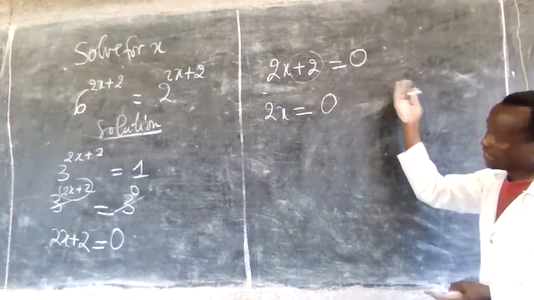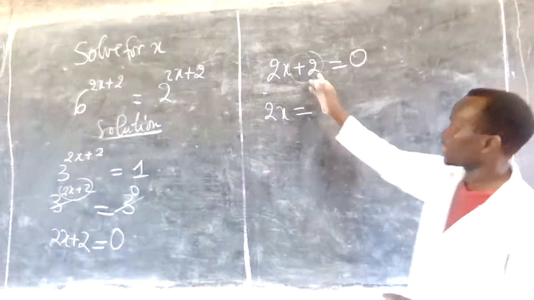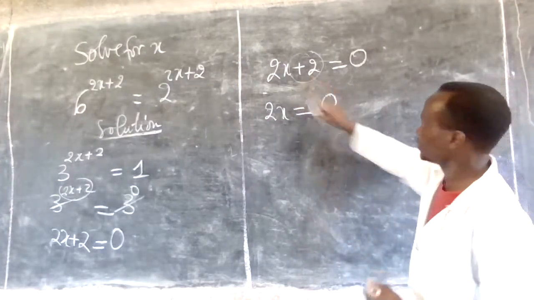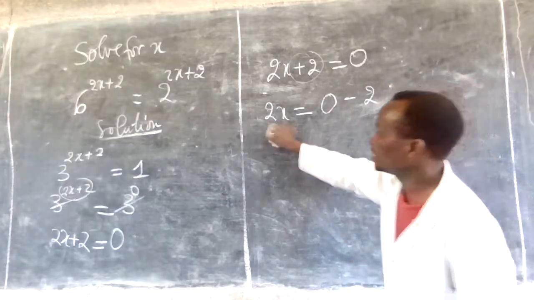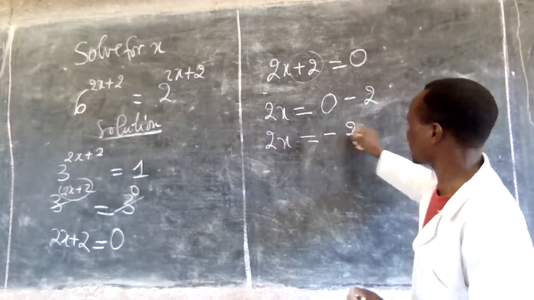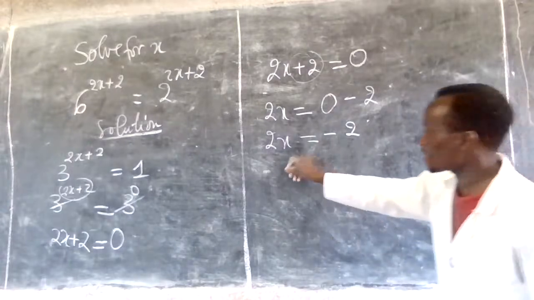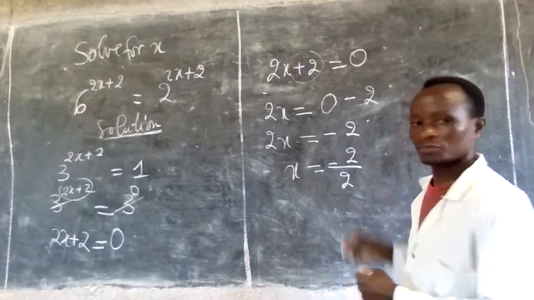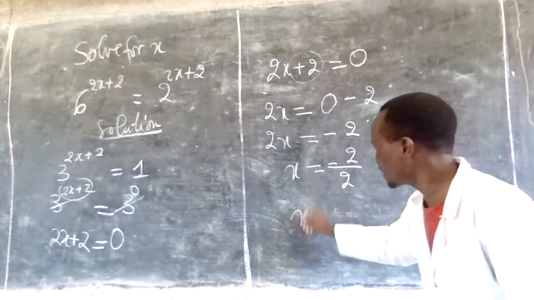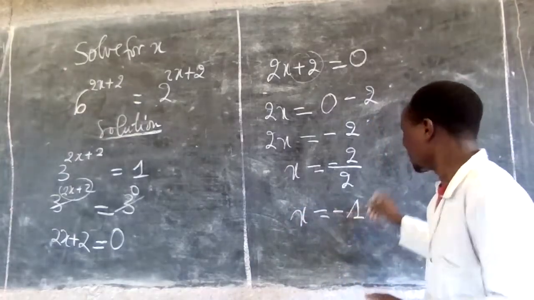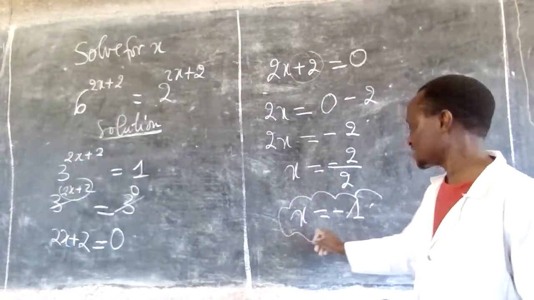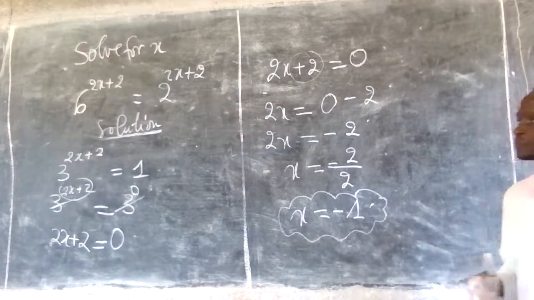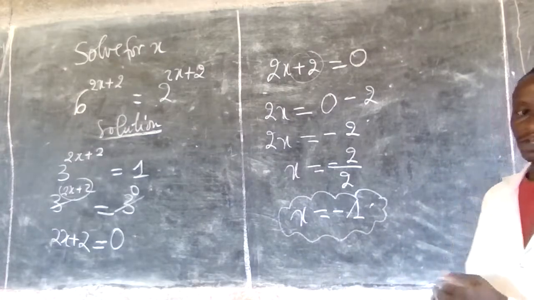It is going to the second member. The sign that it has in the first member will be changed into minus. Now this is minus 2. Then 2x will be equal to minus 2. The remaining x will be equal to minus 2 over 2. Finally, x will be equal to minus 1. Now, this is the final solution about how to solve exponential equations.